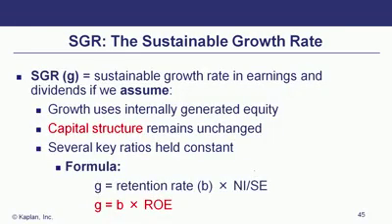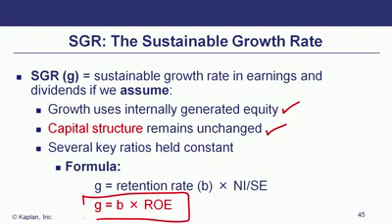Excellent. Talking of constant growth, sustainable growth, quick reminder, you've seen this in level 1, you'll see it again in financial reporting. We can calculate the sustainable growth rate, assuming we grow using internally generated equity, we have a constant capital structure, and lots of other key ratios are held constant. If all of that holds together, then the growth rate is the retention rate times NI over SE, that is return on equity.